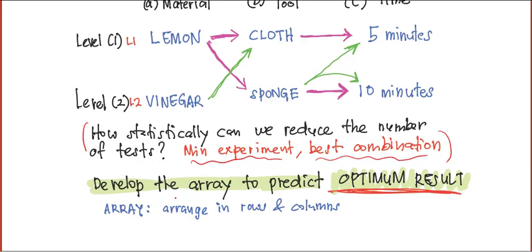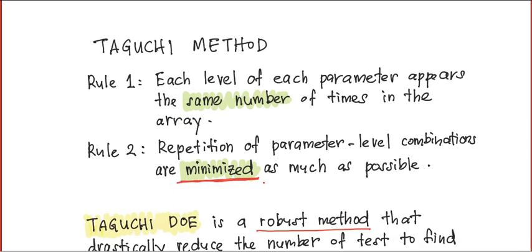One of the methods is to develop the array to predict optimum results. Optimum results means the highest quality of the cleaning. So we need to develop an array in rows and columns for the Taguchi method.